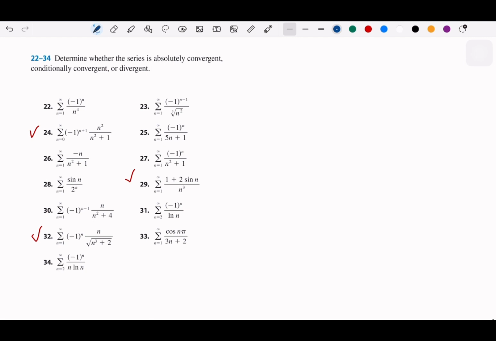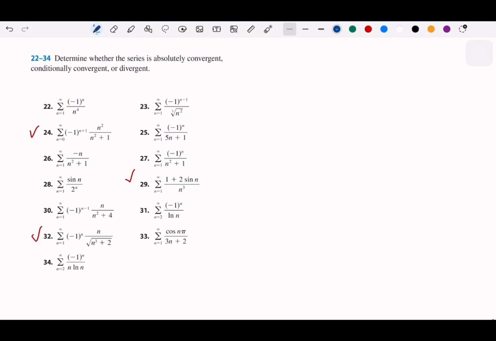Now, what should you do to check? What should you do first? You have a lot of series here, but the first step should be the same. What is this first step?